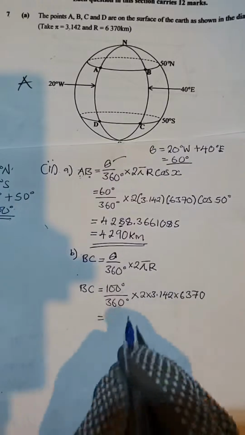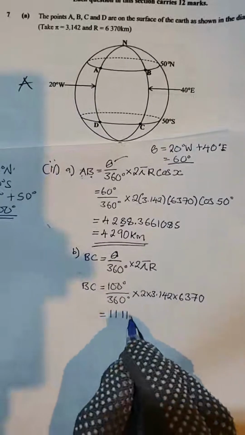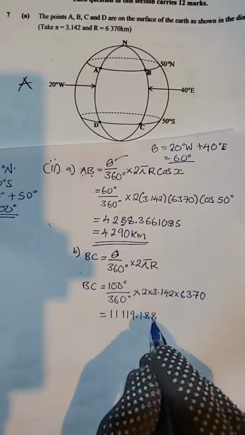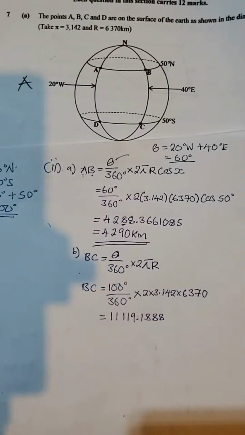This is giving me 11,119.1888. Now, don't forget, the degree of accuracy here is not specified.